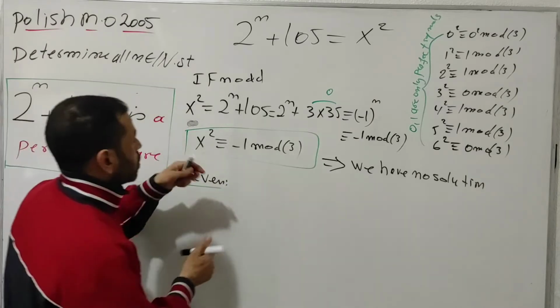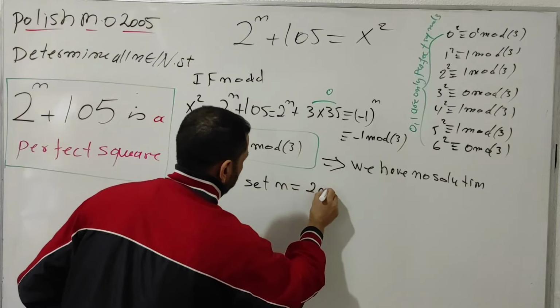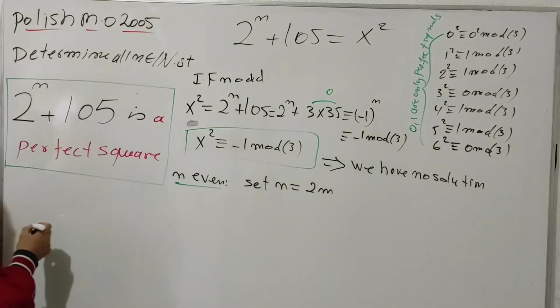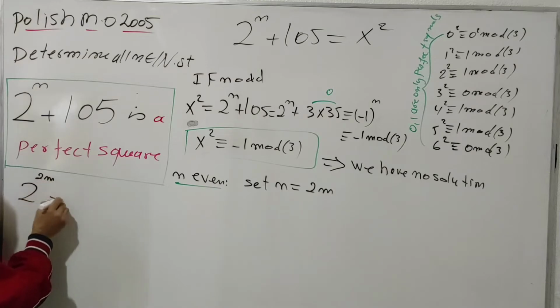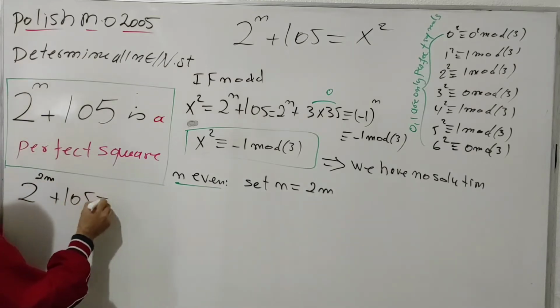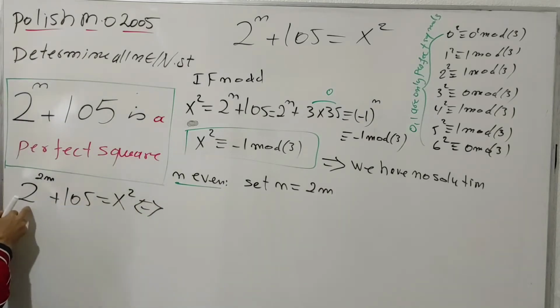n is even. Let's set n equals 2m. So I will have 2 to the 2m plus 105 equals x squared. Then I'm going to move this term over to the right.